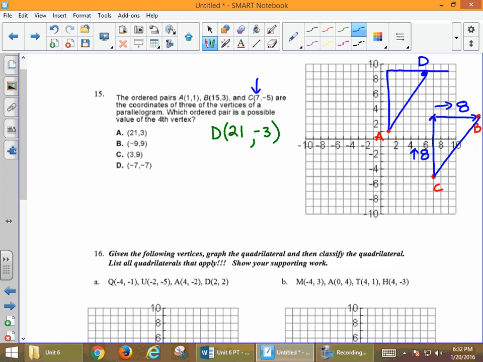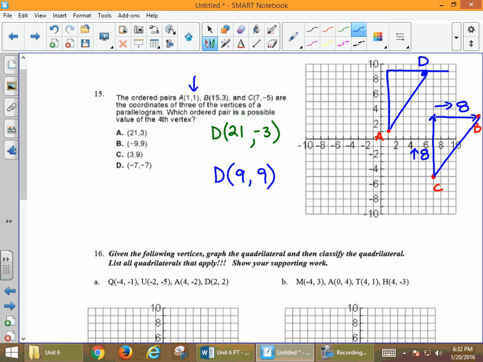Well, if A is at 1, 1, and I rise 8 and run 8, let's run 8 first. 1 plus 8 is 9. Rise 8. I start at 1 and rise 8 more. 1 plus 8 is also 9.